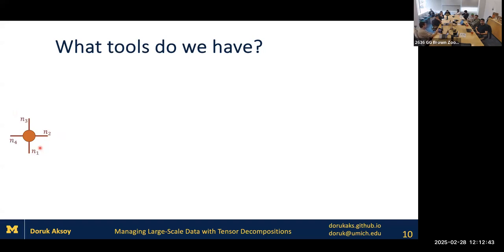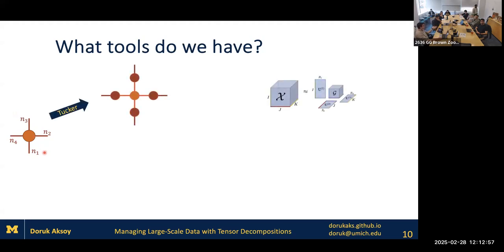Every node is a linear algebra object, and the number of spikes going out of that node determines the number of dimensions of that object. In this case, the object is a four-dimensional tensor. We have the Tucker format, which approximates a four-dimensional tensor as four factor matrices and a smaller core tensor. You can think of this as a higher-order analog of the SVD on a very high level.